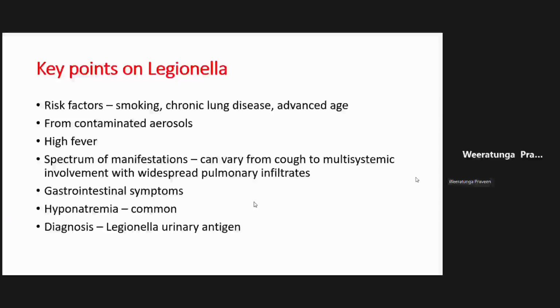And the very classical way it spreads is through the microbiological contamination of AC systems. This is something you remember: Legionella are AC systems, right? So it's contaminated aerosols. It's in the water, and in AC systems, so offices, hotels, that sort of thing, you see this.